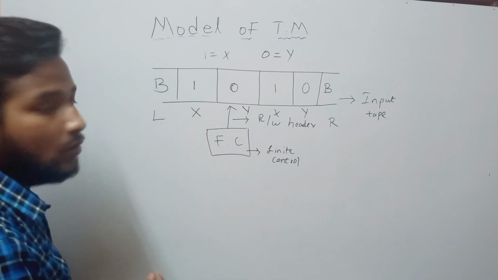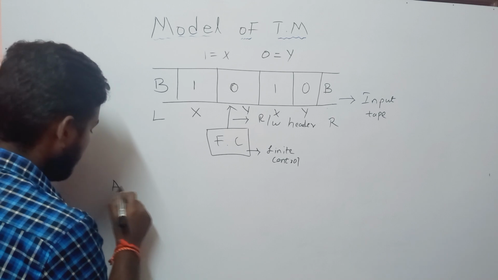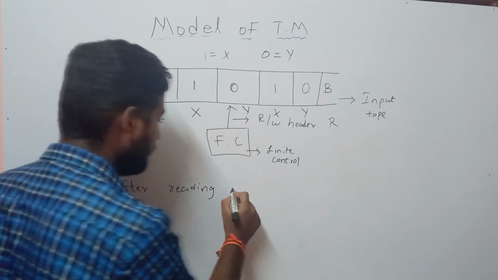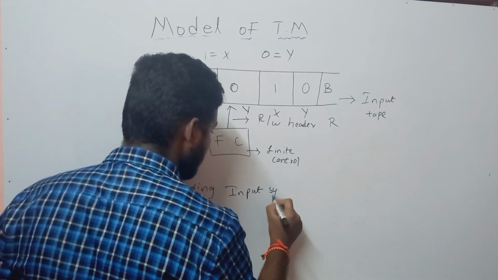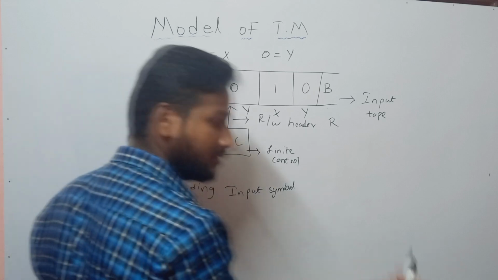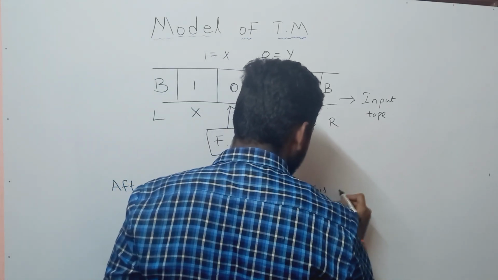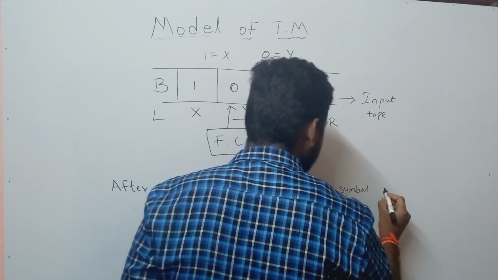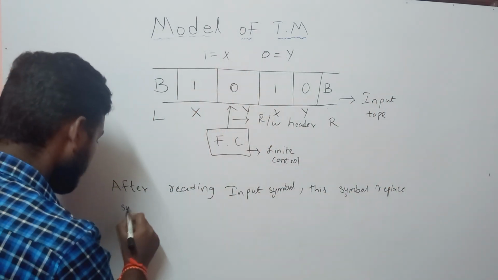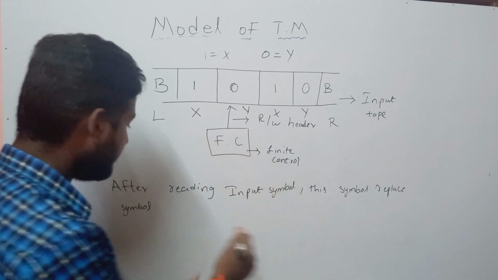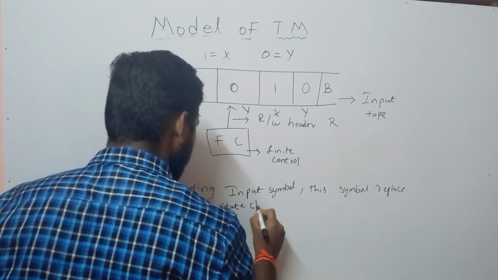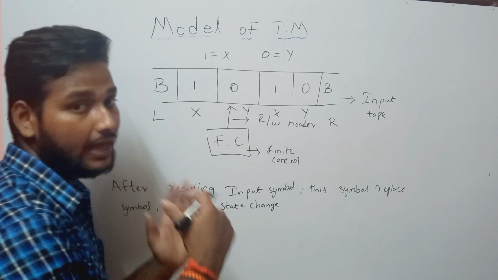The main definition of the model of the Turing machine is: after reading an input symbol, this symbol is replaced with another symbol, and its state changes, and the direction changes.